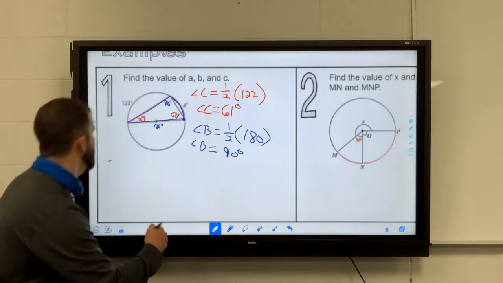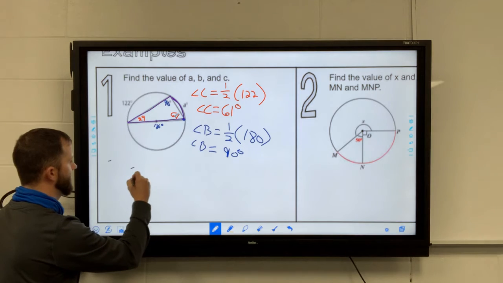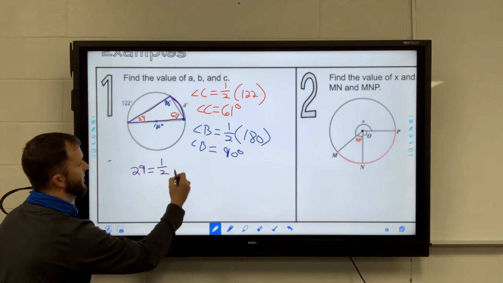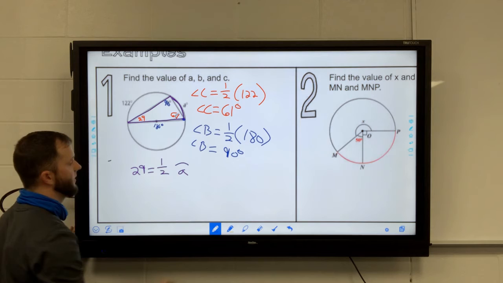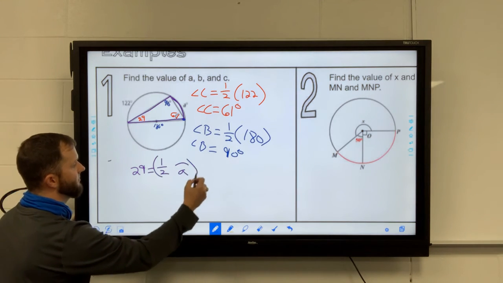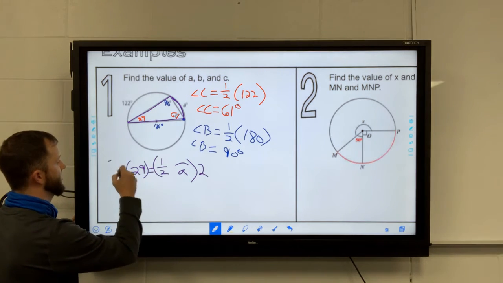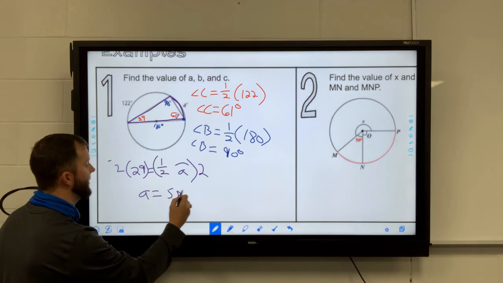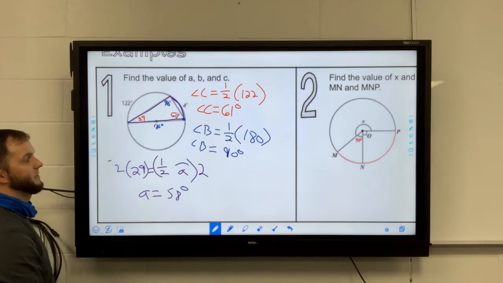So that means this angle right now, 29, is going to be equal to 1/2 the measurement of arc A, correct? So in order to get A by itself, I have to multiply times 2 on both sides, correct? So that means A is going to be equal to 58 degrees. So that's going to be my angle.